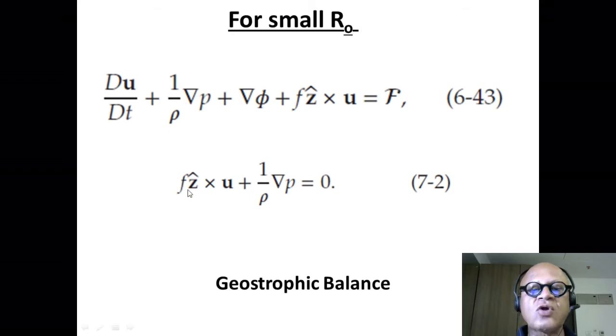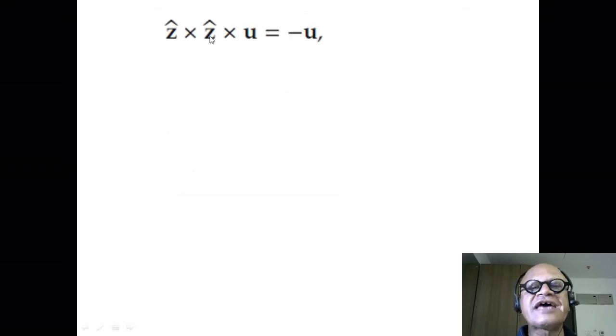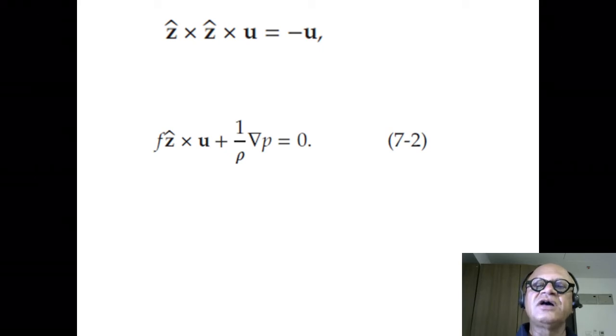We can just cross this equation with another z hat. So z hat cross u is minus u with our vector calculus that you can look up. The appendix of the book provides some of the basic vector calculus, by the way, in case you've forgotten, you can revise it.